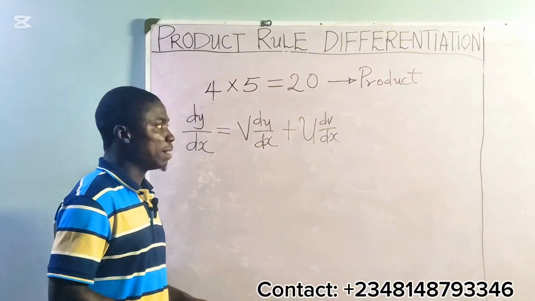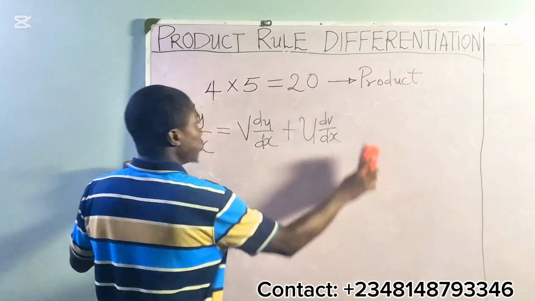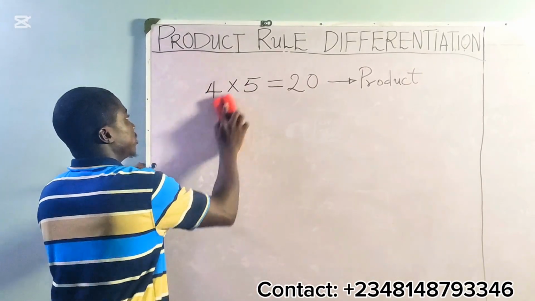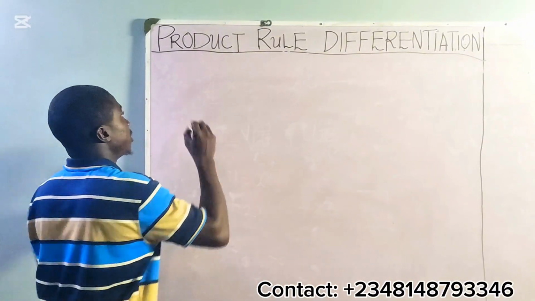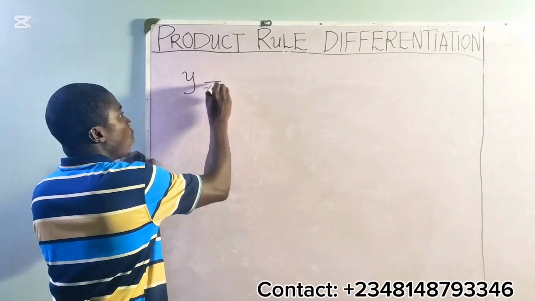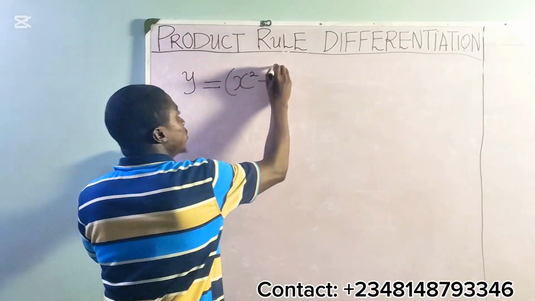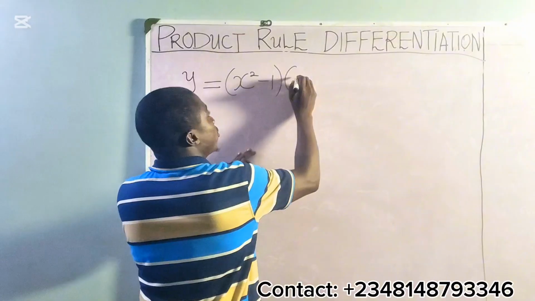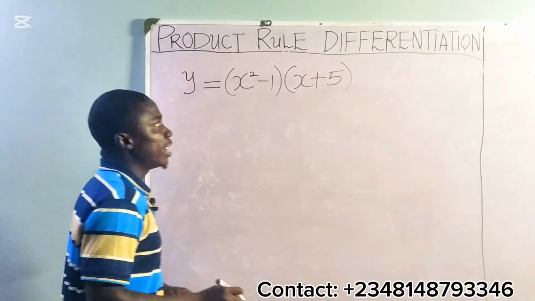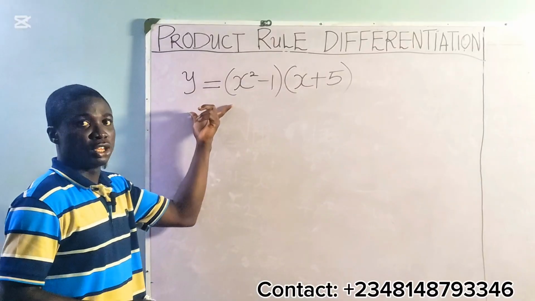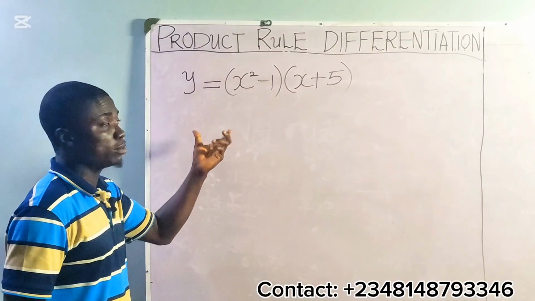All right, let's take an example. If y is equal to x raised to power 2 minus 1, multiplied by x plus 5, and you are asked to differentiate this using the product rule, how do you go about it?